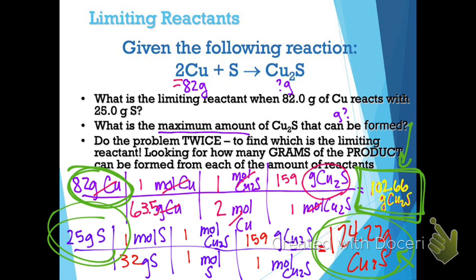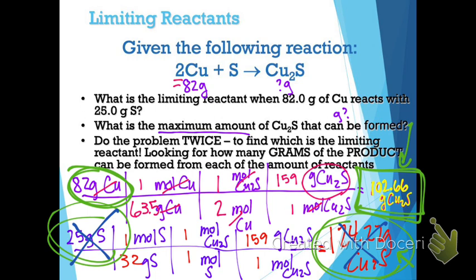We don't have to, okay, so if we were going to find out how much sulfur was left over, we would have to do another T-chart, right? So we're not going to talk about that right now, but that's a good thought, right? We'll use that later. So we're not going to have the ability to use up all 25 grams of that, and we would never reach the point where we could produce all 124 grams of what's expected.